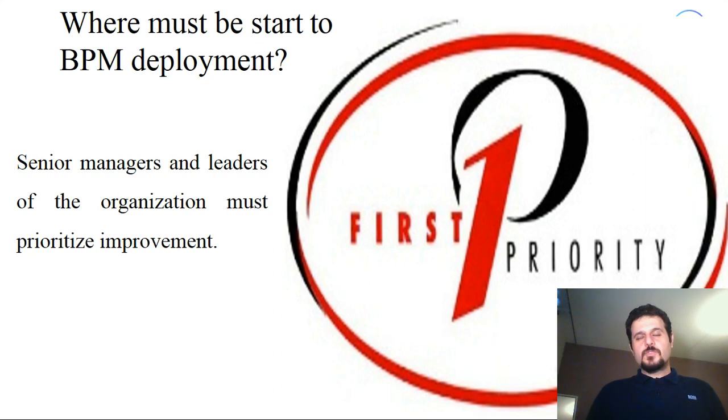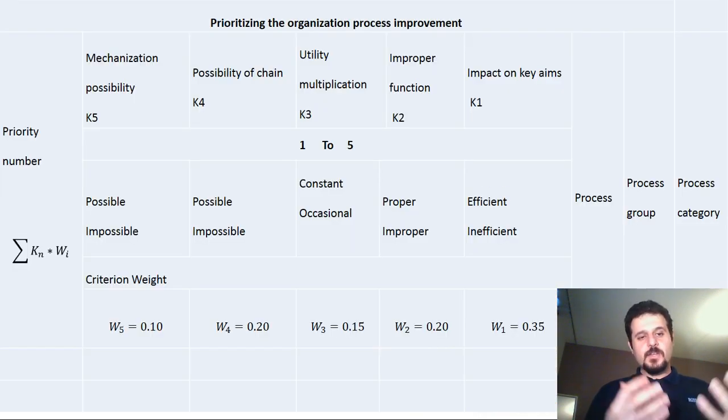As I said, you need some criteria, because you should distinguish the prioritizing of senior managerial leaders, but not just rely on your experience. So you need some criteria. Here are some criteria that can be helpful for you.